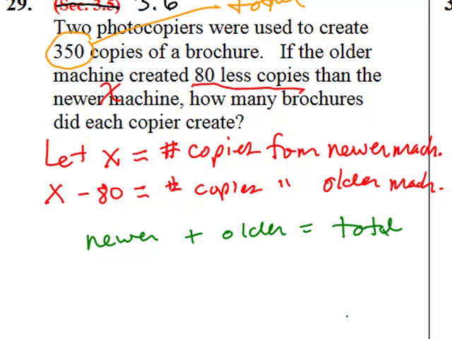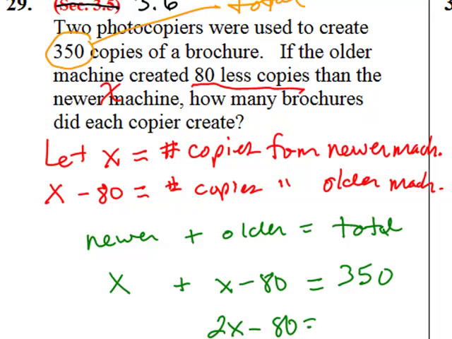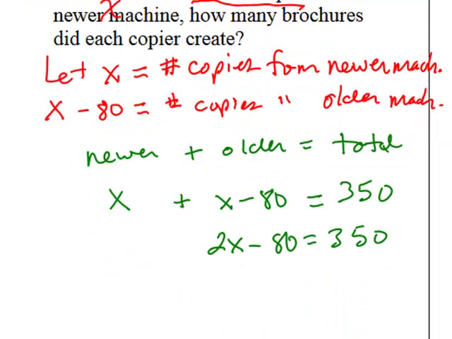And so this allows us to set up our equation. X from the newer machine plus x minus 80 from the older equals the total of 350. And before we do any clearing of the negative 80 in this case, we must combine like terms, x plus x. 2x minus 80 equals 350.